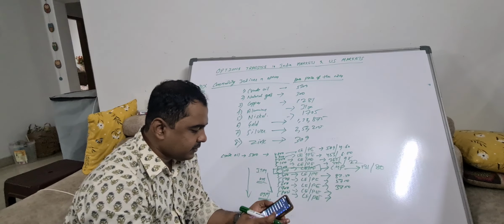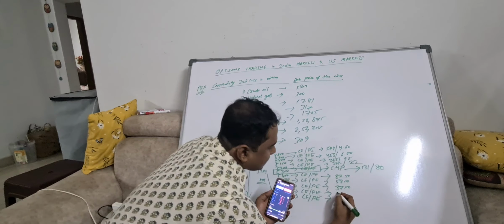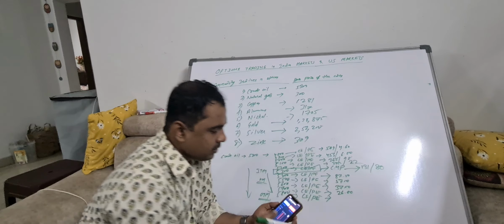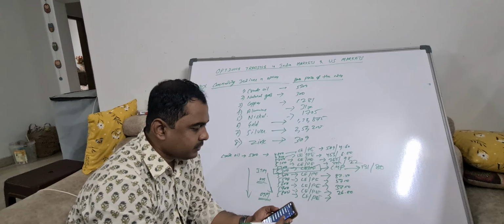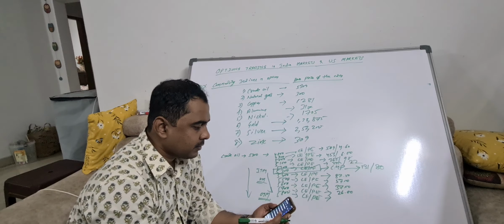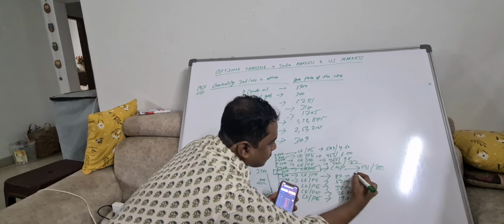Then 5,700 is 26 rupees. And then we have 5,800, 19 rupees. So these are the call values.